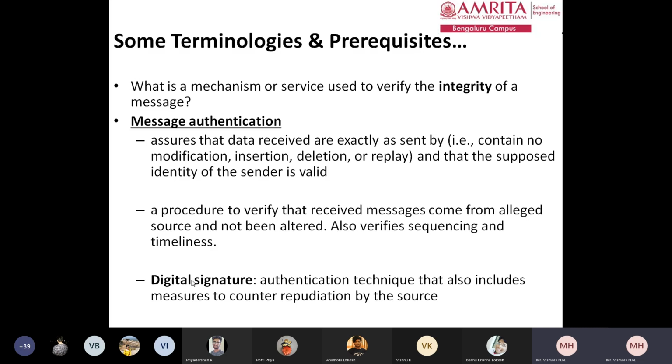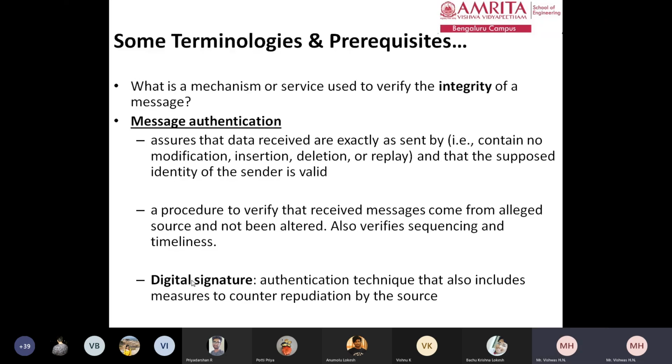So public and private keys, what happens if I encrypt something with my private key? Anybody can decrypt and see, but it ensures that I have sent it, because I only have my private key, and since I have encrypted my data with the private key, it is very sure that I have sent it. Basically, you're proving authentication there. Is that clear?